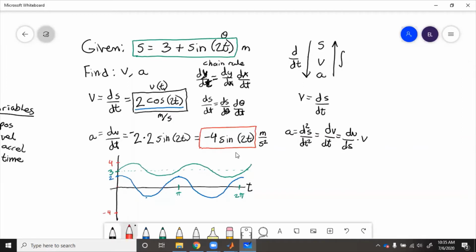So we know that we'll start here. We'll cross here. We'll cross here. And it goes down first. So down, back to the center. So that's what this function looks like.